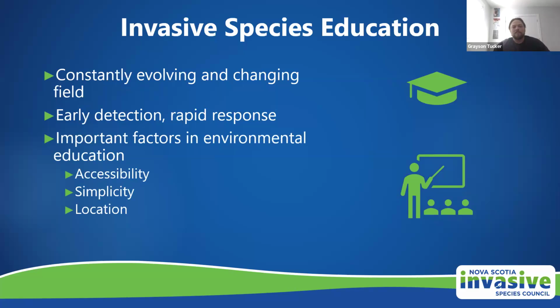This is a thought process of, oh, it's not happening to me, it's not happening here, and this is often used as a coping mechanism to deal with the uncomfortable information that's coming to us, which seems like a lot these days with climate change and everything like that. So by showing and utilizing location in our information and education, it helps limit this so that people know that issues are happening here and now.